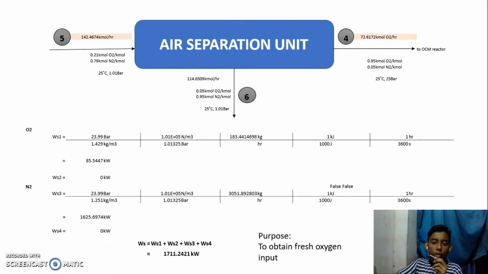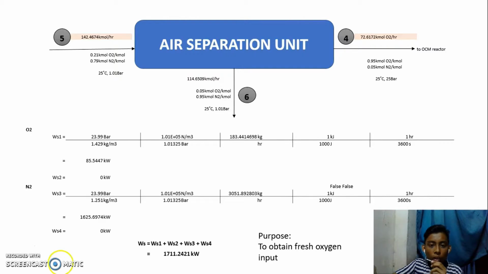First, for the ASU, I calculate using the Bernoulli mechanical equation. We calculate the work shaft, W, and after getting the work shaft, W equals Q, and the Q is 1711 kilowatt.